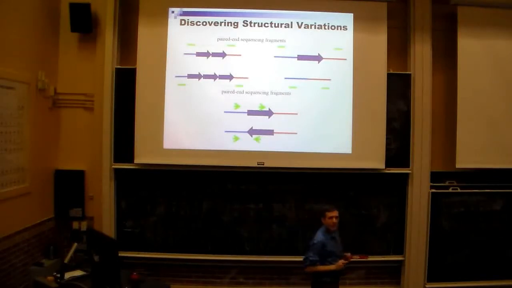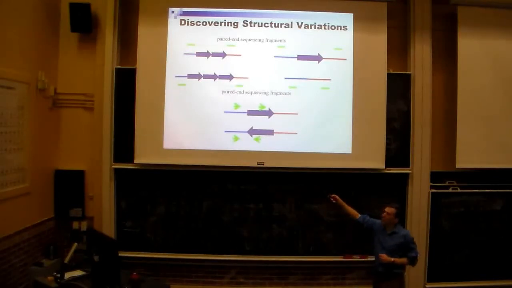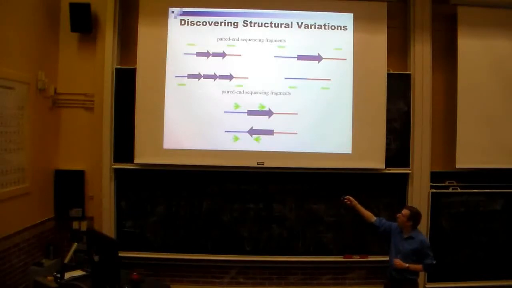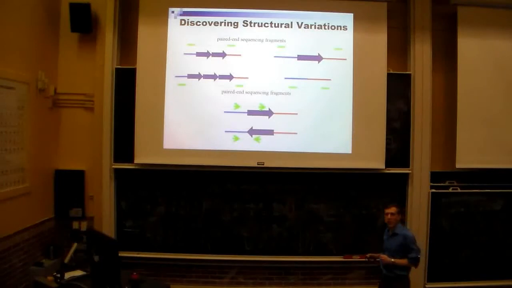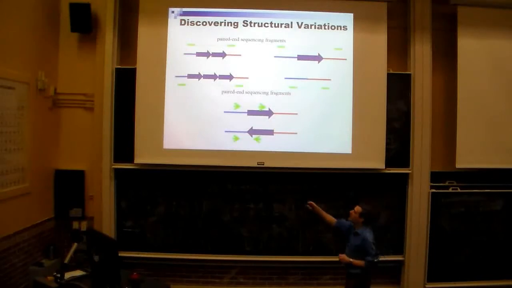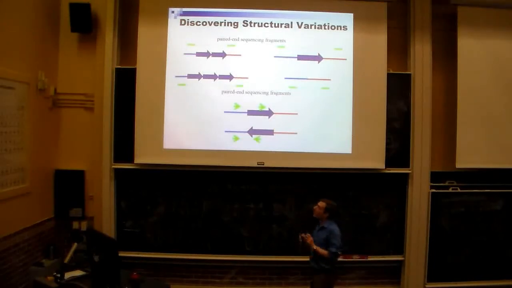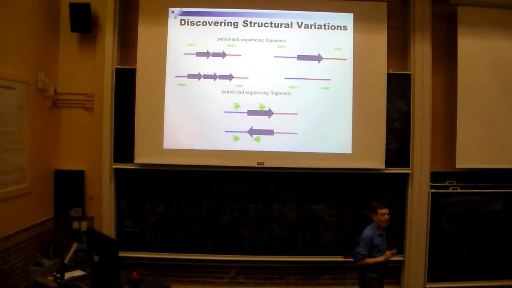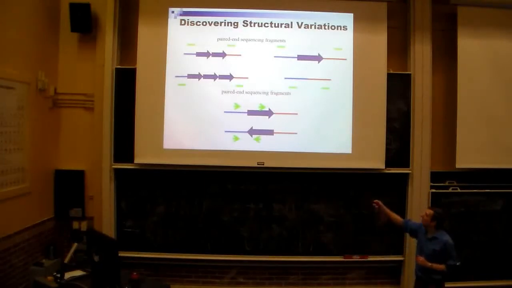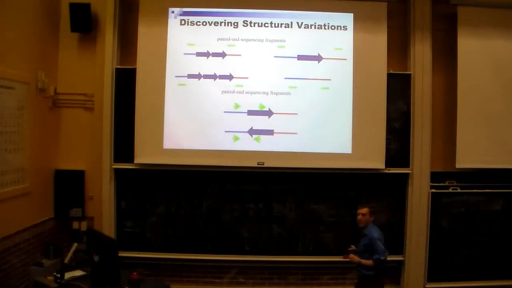The way you would figure this out is that you would get this paired-end sequence. You would know a particular distance between the ends, and maybe you know that there is 50 kilobases between the ends of this, but then you map them back to the reference genome, and on the reference genome, you see that the ends are sitting a different distance apart. In particular, you can see that the ends, according to the reference genome, are only 40 kilobases apart.